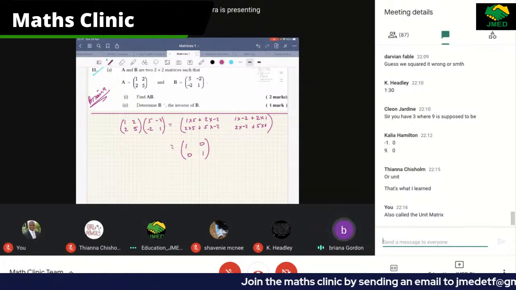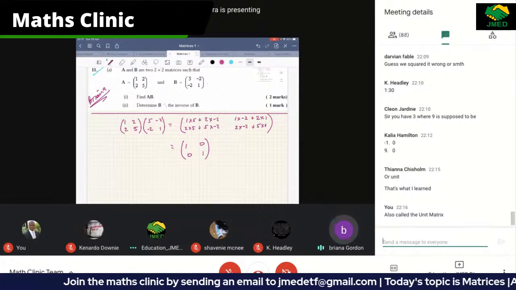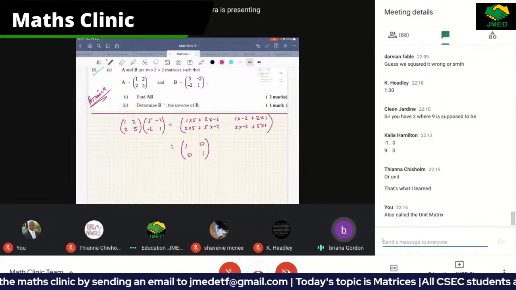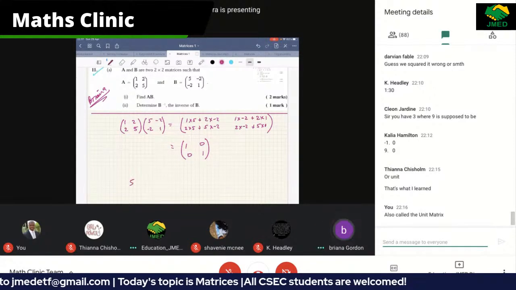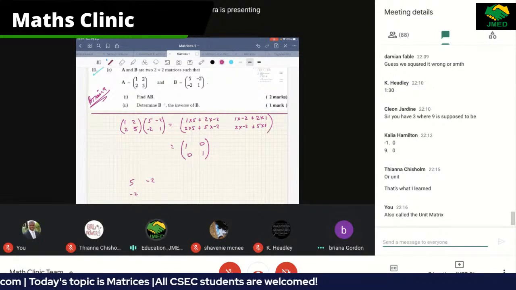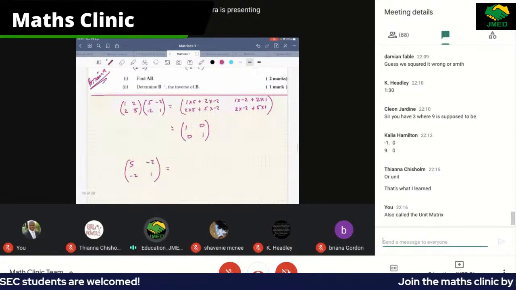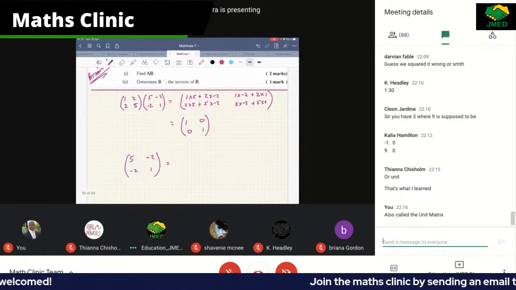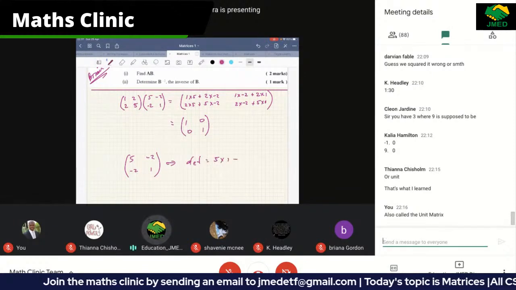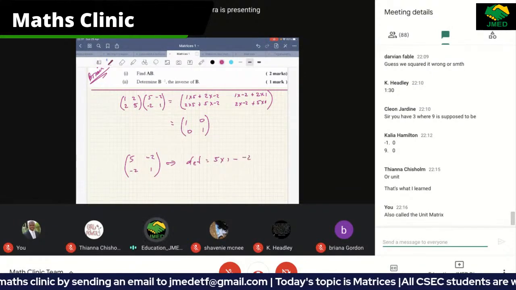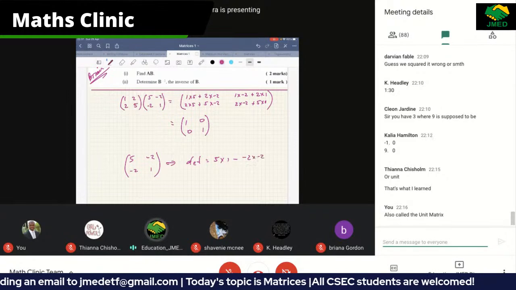What I did was multiply the leading diagonal and subtract the non-leading diagonal from that leading diagonal. So you find the product of the main diagonal. So the determinant would be equal to 5 times 1 minus negative 2 times negative 2.